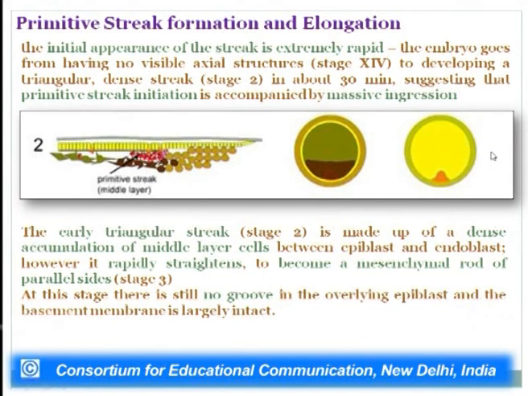At this stage, there is still no groove in the overlying epiblast. It's a kind of rod, but there is no hollowness, so no groove has been formed, and the basement membrane is largely intact. So, there is no place from where the cells can enter inside. That groove hasn't been formed, but the structure of the primitive streak has been laid.